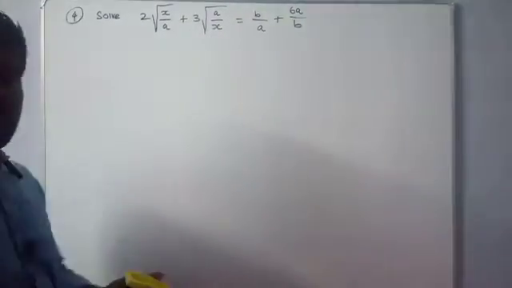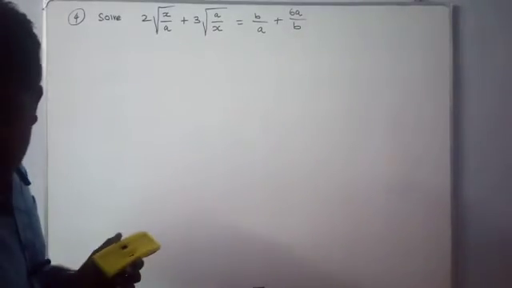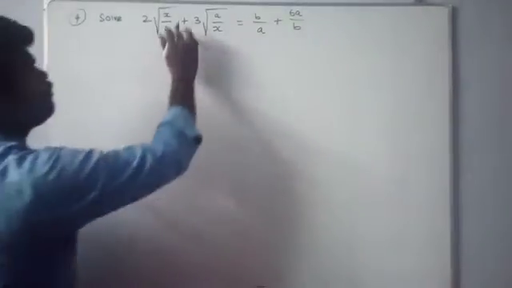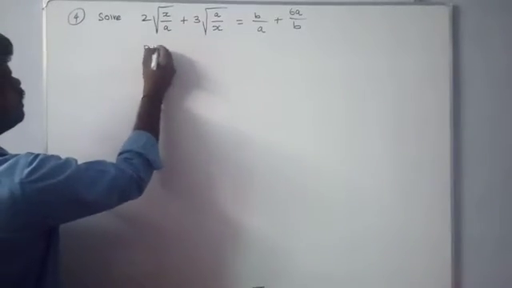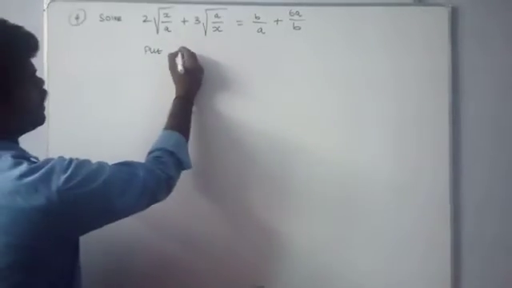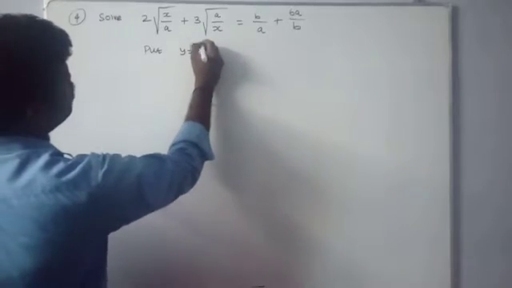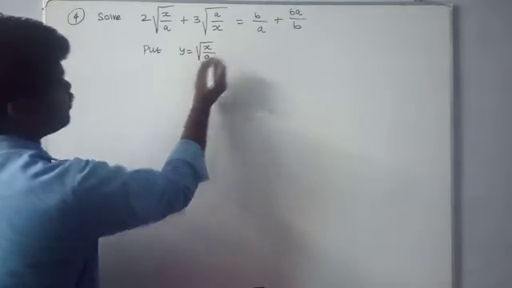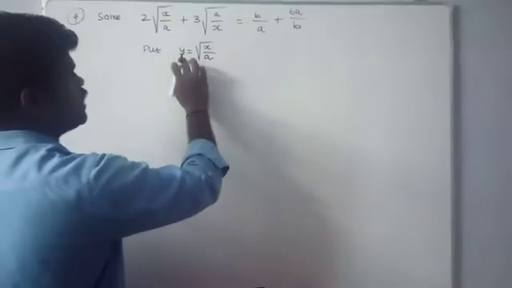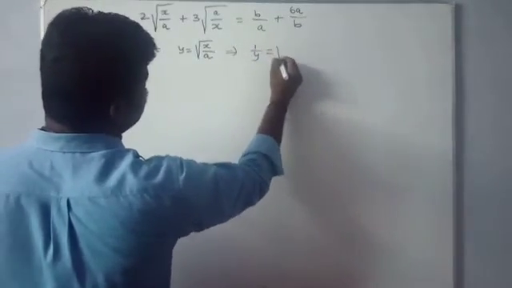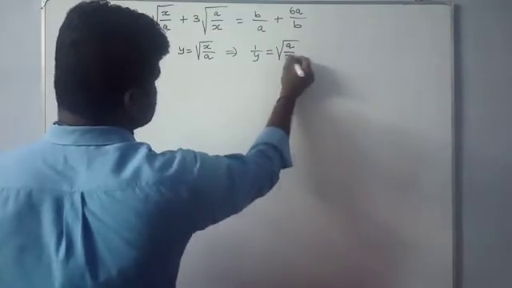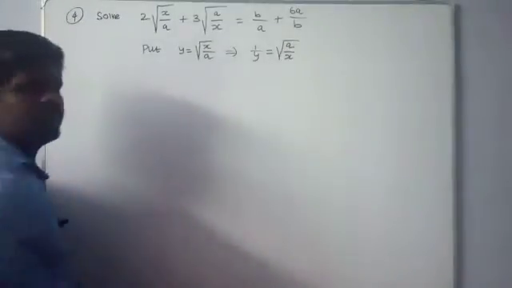This is also a non-polynomial form, so that's why we want to solve it. This is the complicated factor, so we can write y is equal to root of x by a, and taking the reciprocal, 1 by y is equal to root of a by x, because this value is root of a by x.